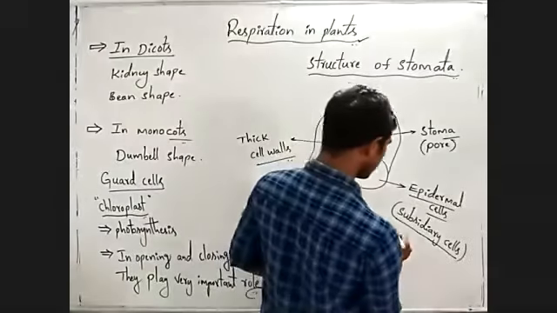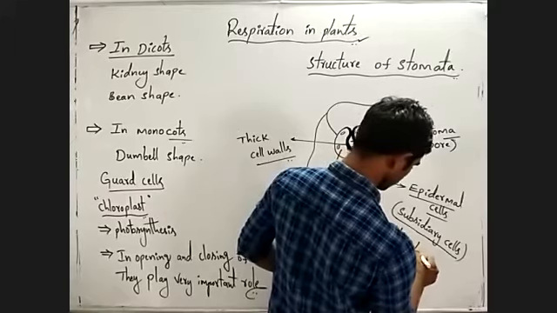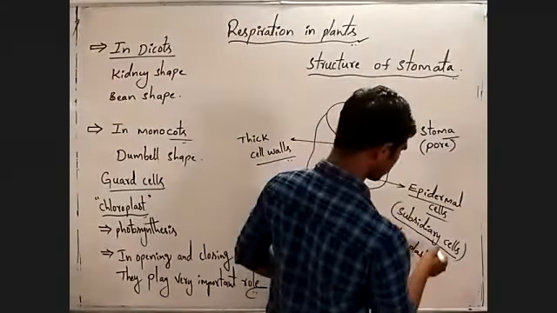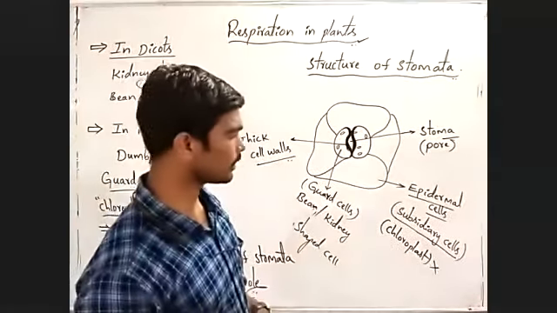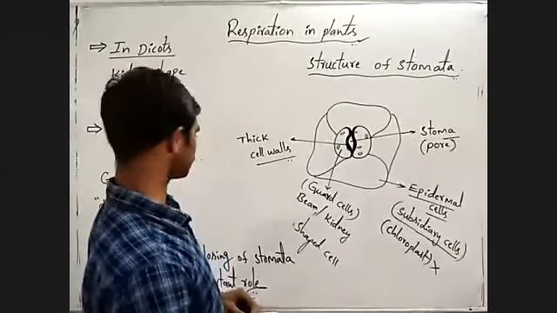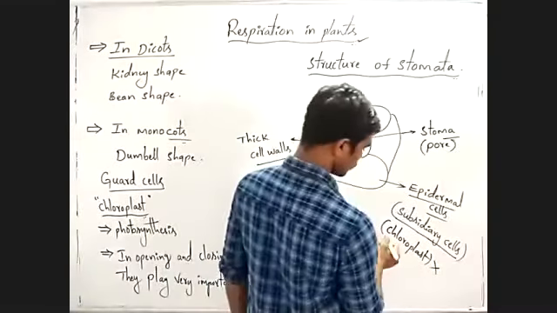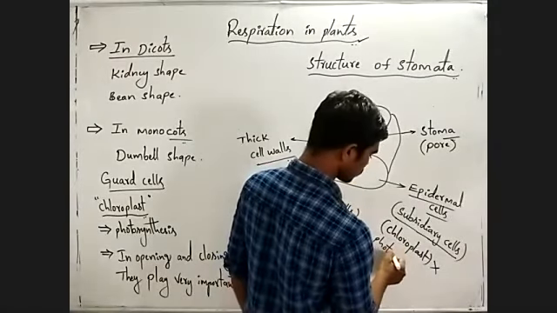Here they do not have the chloroplast. Chloroplasts are absent. Are you understanding? Next, they cannot perform photosynthesis due to absence of chloroplast.